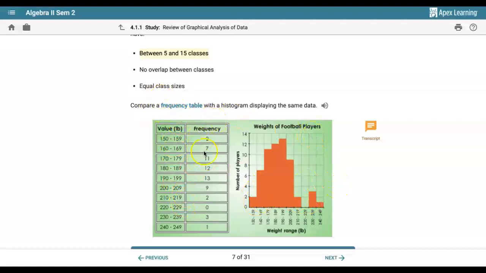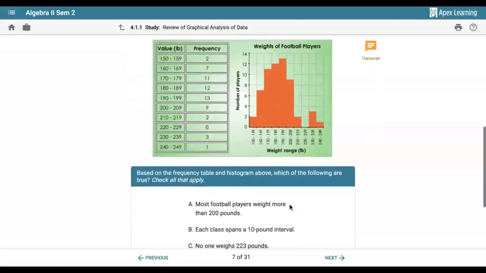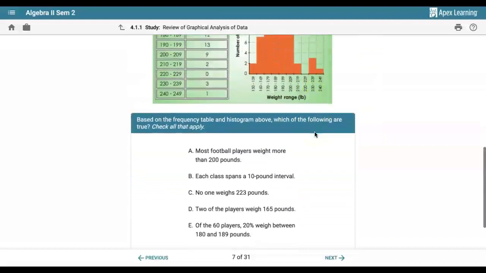It would be very uncomfortable if this tiny bar was from 150 to 159, but the next bar was from 160 to 180. That wouldn't represent it the same because they're all the same bar size. So that's some good general tips here.